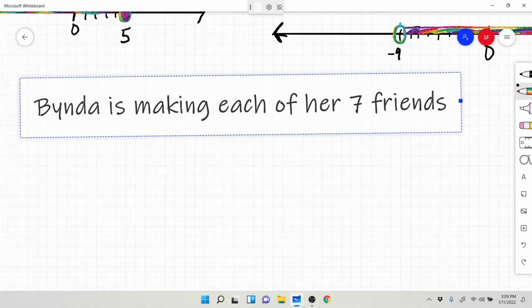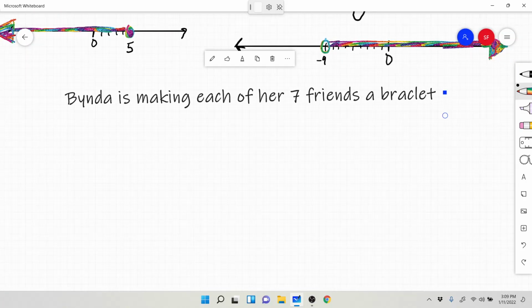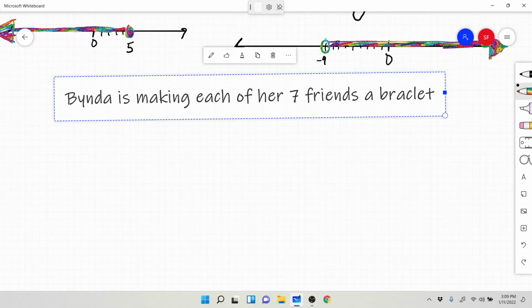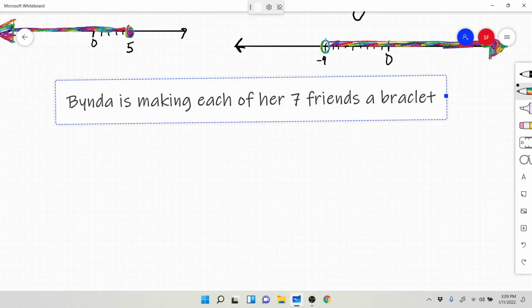She has that. A bracelet. She's making him a bracelet, apparently.